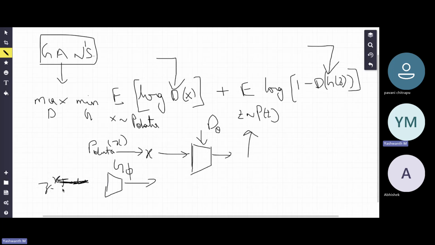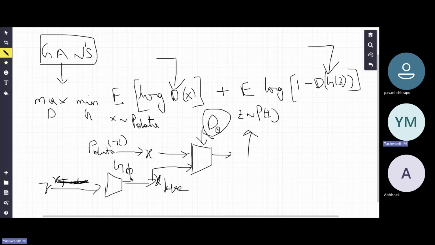Let's say I give some noise, and this should generate an image x fake. Now, when I pass this to the discriminator, it should give a low value. But the generator tunes x in such a way that the discriminator thinks this is coming from the real distribution.